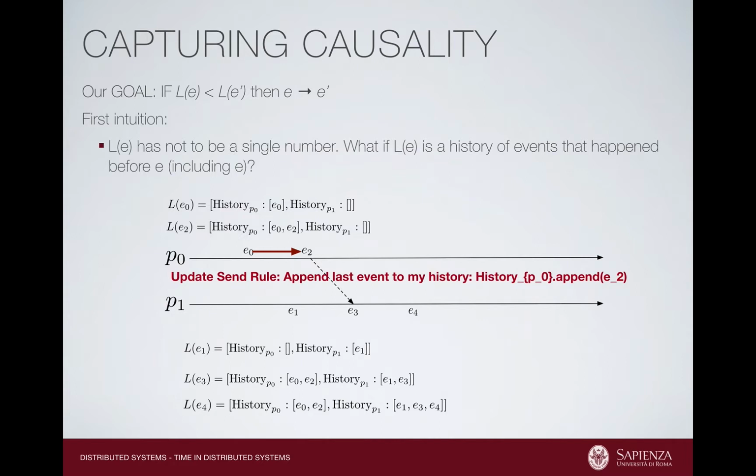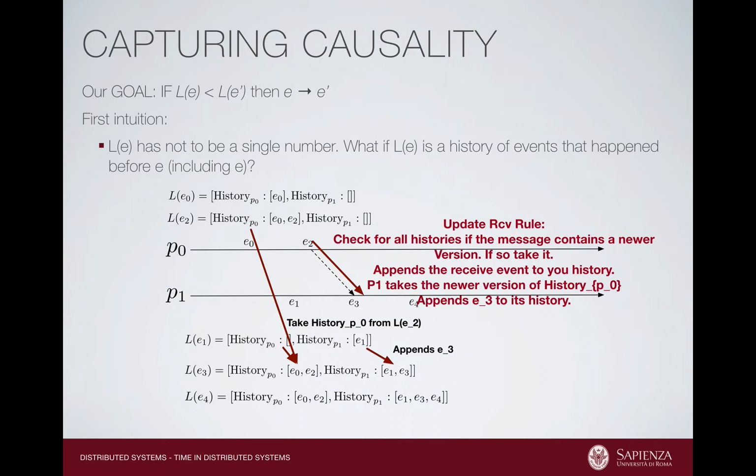So we take the history of P0 that was in the timestamp of event E0, we append to it E2, and for all the other histories we take the same. Then we timestamp the send event that we are creating with this, and then we send this message with this appropriate timestamp.